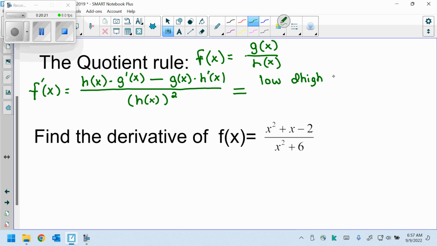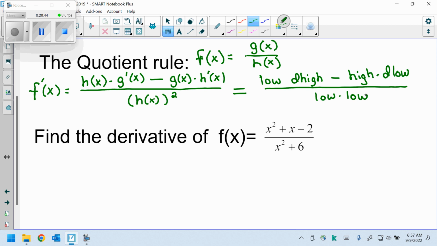Then we subtracted the thing that was up high and multiplied that by the derivative of what was down low. And we divided by low times low.